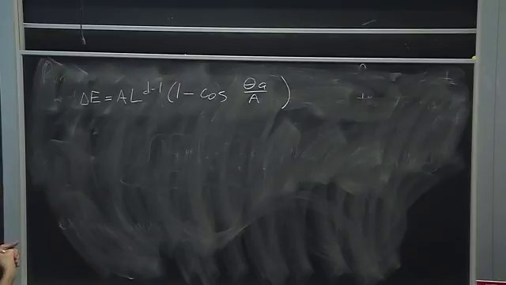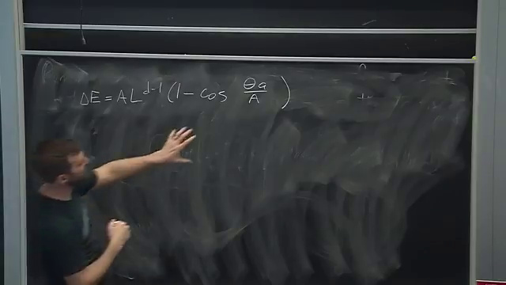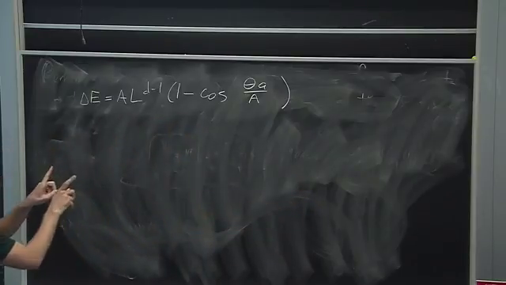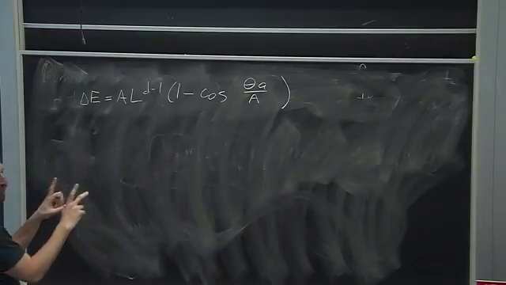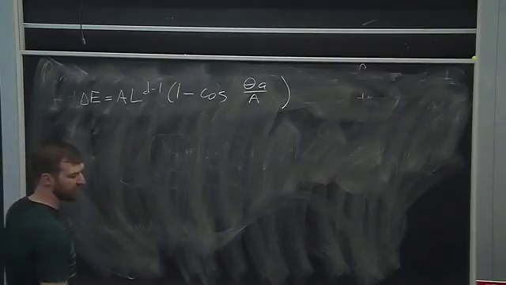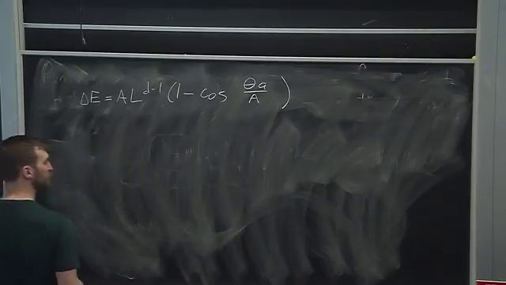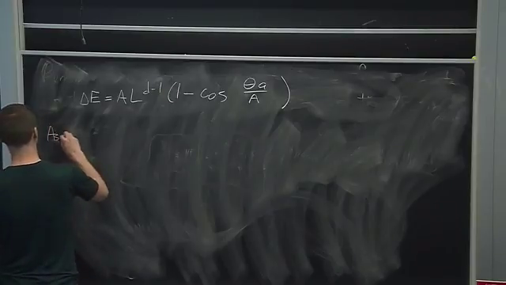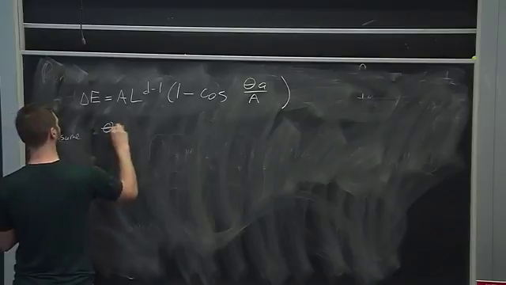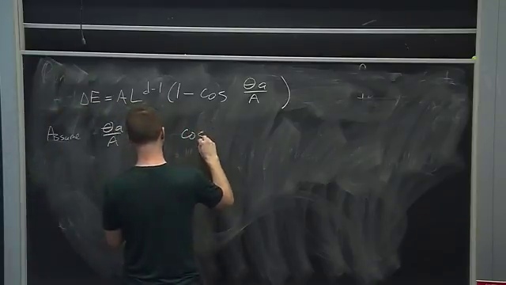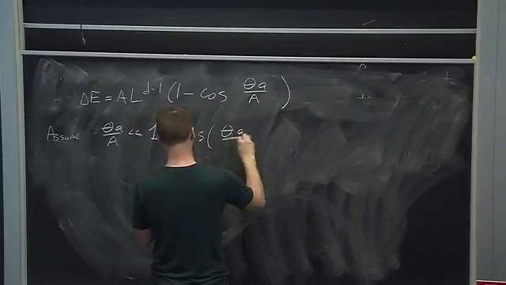And let's assume that that argument is small, so that neighbors aren't, so it's kind of like lower energy than just having a big jump between nearest neighbors. So theta a over A. So we can expand the cosine, that's why I used it.